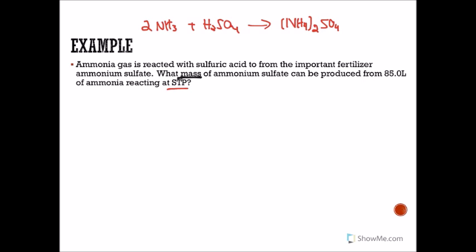Then we figure out our knowns and our unknowns. What mass of ammonium sulfate, that's in grams, can be produced from 85 liters of ammonia reacting at STP? So 85 liters at STP, which is important because it is liters at STP.